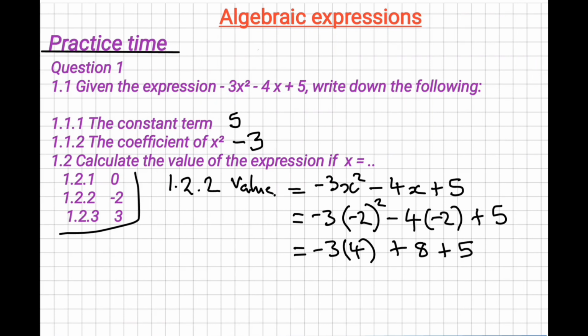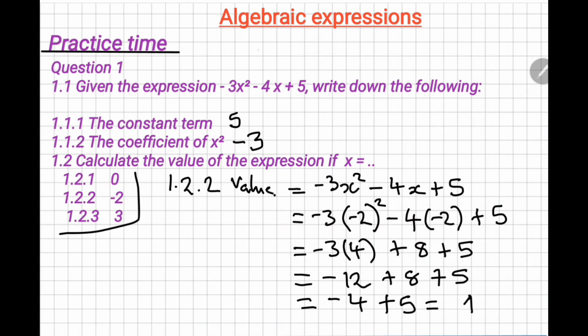It's good maths practice. Do it mentally. Minus 3 times 4 is negative 12 plus 8 plus 5. Now let's add the sums from left to right. A negative 12 plus 8, we're going to the right hand side, so this becomes negative 4 plus 5 gives you an answer of 1.